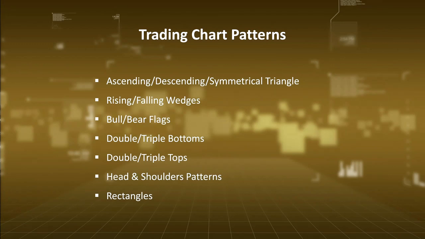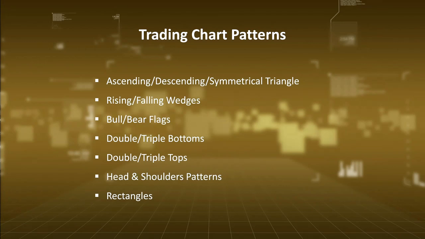Targets are easy on the head and shoulders. But like I said, if you really need some help, if there's not obvious support or resistance previously in history, you can't go wrong with setting your stop halfway through that pattern. So that way you're setting up that 2-to-1 ratio. So that would be how I would trade my chart patterns.